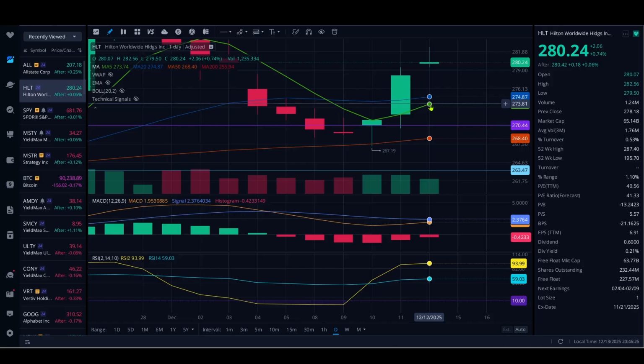Now that's a decision that you would have to make, right? This is another one of those gray areas where you have to decide: do you want to stay back here and give it a little extra room, or move it right underneath this candle because there is so much of a gap? For me, I would put it right here at the end, right underneath that current candle, only because the low of that candle is 279.50 and the MA5 is 273.74.